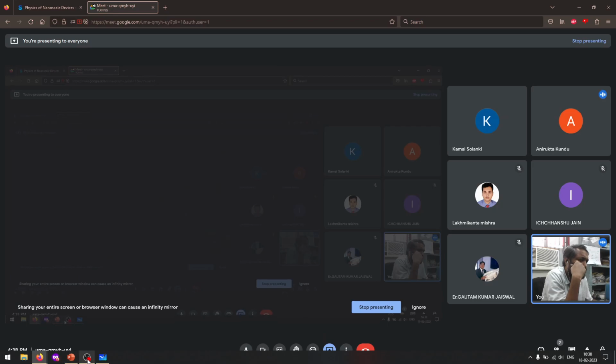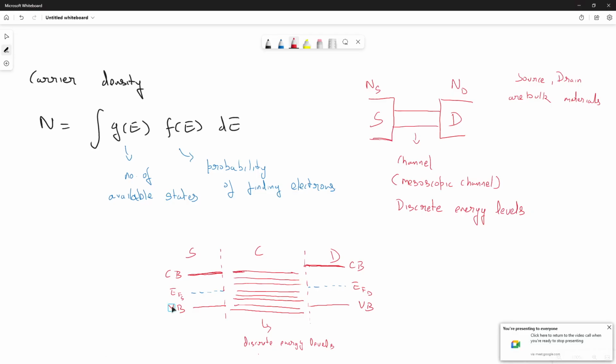We still have attendees. Density of states. Yeah, very good. So DOS, now the density of states. So now the channel will also have a density of states. So now I have a channel DOS.